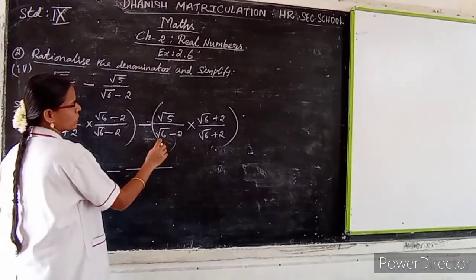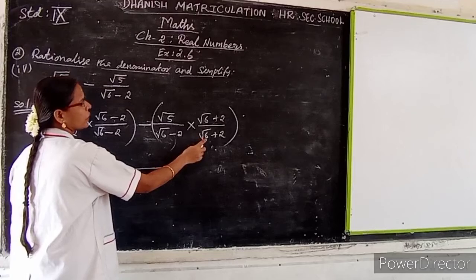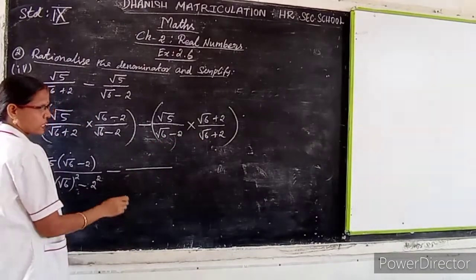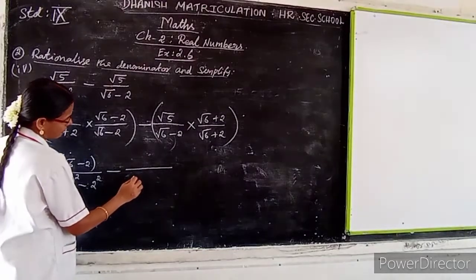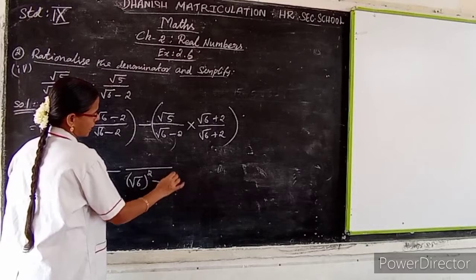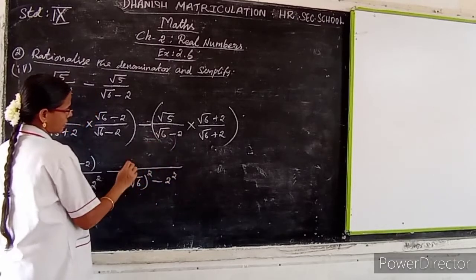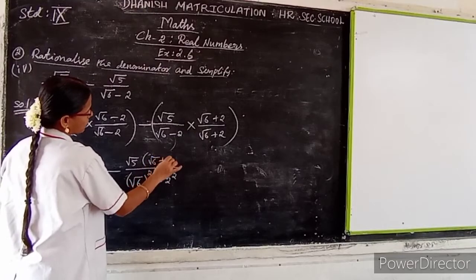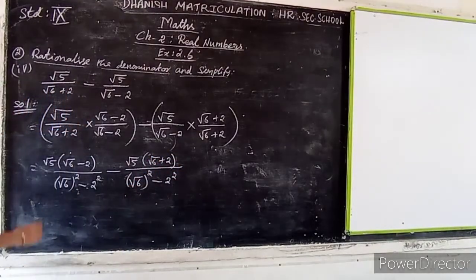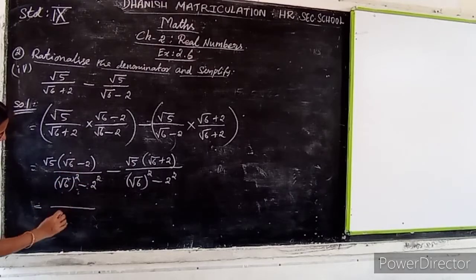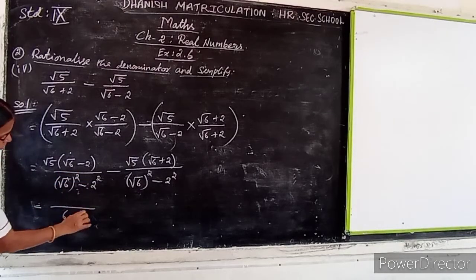Here the denominator root 6 minus 2 into root 6 plus 2 means a minus b into a plus b, so the answer is a square minus b square, root 6 square minus 2 square. Numerator: root 5 into root 6 plus 2. Denominator: here the square root and square get cancelled, so the denominator is 6. Here 2 square is 4.